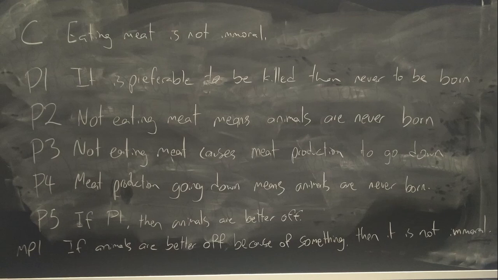So good. So P5 is basically saying if P1, then animals are better off. Yeah? I'm just being lazy, trying not to write very much. You should spell it out in your actual argument analyses.